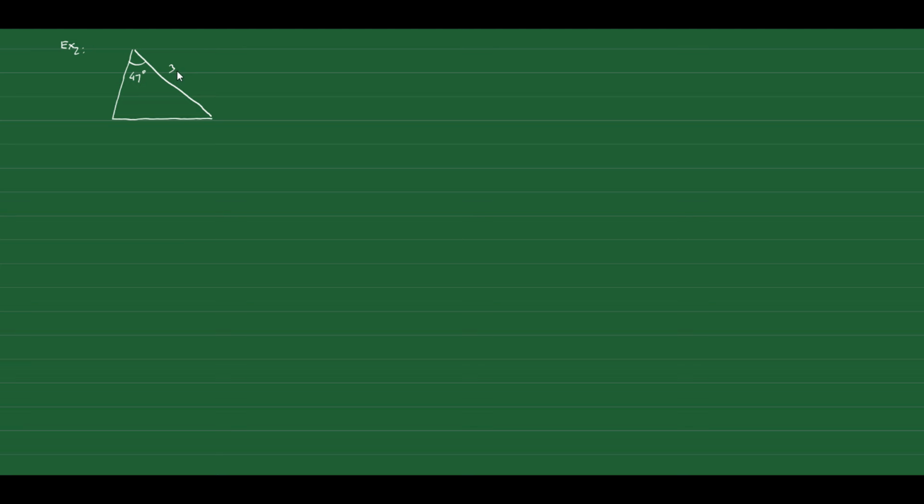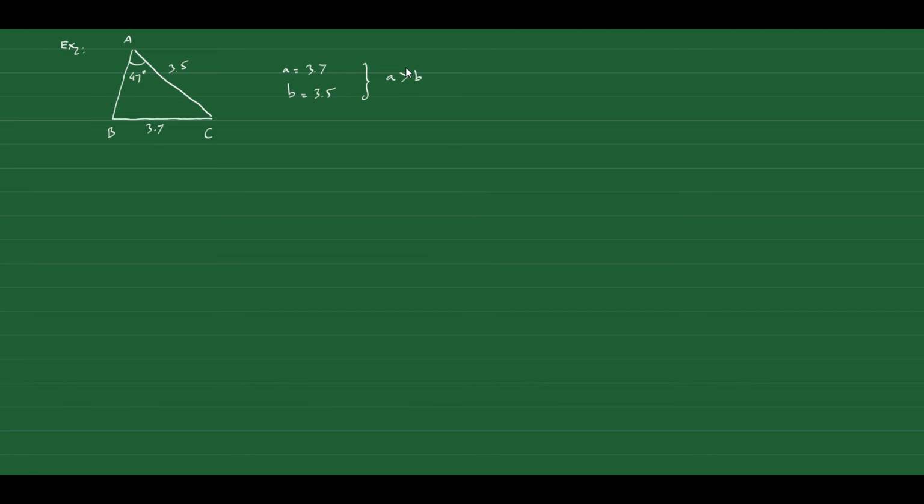This is 3.5 again, and 3.7. B, C, and A. I want to solve this triangle. So we know that a will be 3.7, b is 3.5, and you see over here is a greater than b, right?